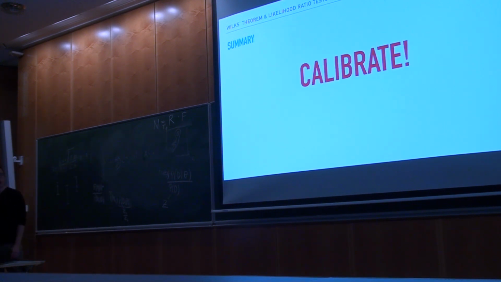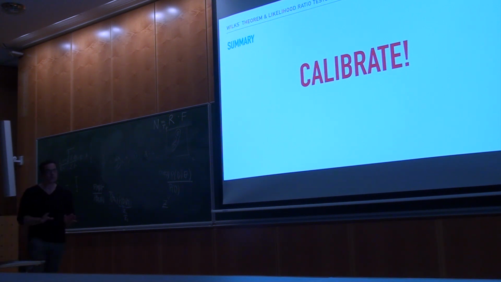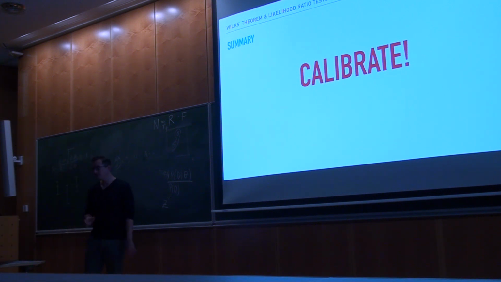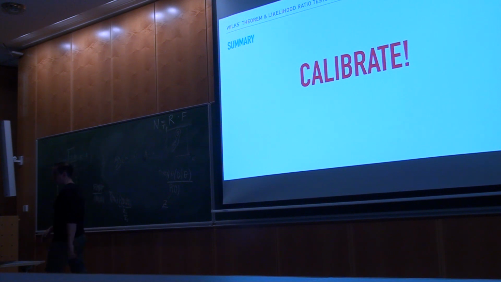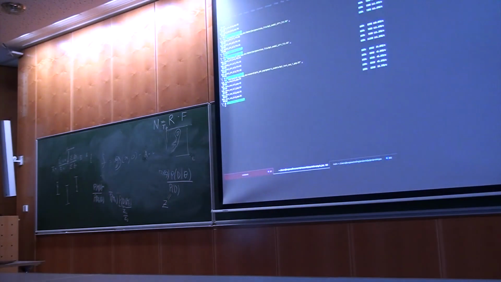So the summary is you should always calibrate whatever test you use, which leads us to Wilks' fit. Or, well, actually, no. The other point you could run into is that if you allow it to be negative, your model can predict negative count rates. That doesn't make any physical sense if that A is allowed to be negative. I guess it's a very strong line, isn't it?